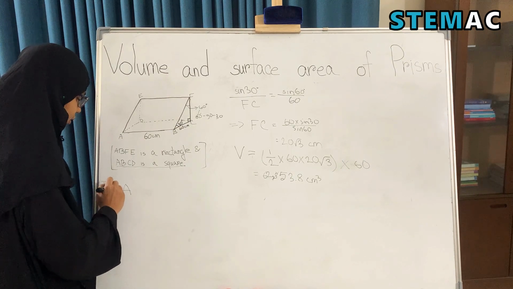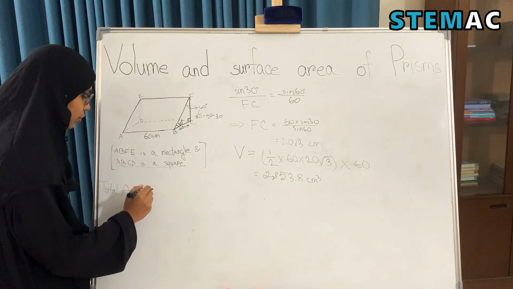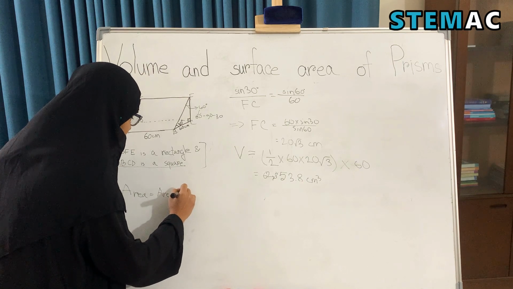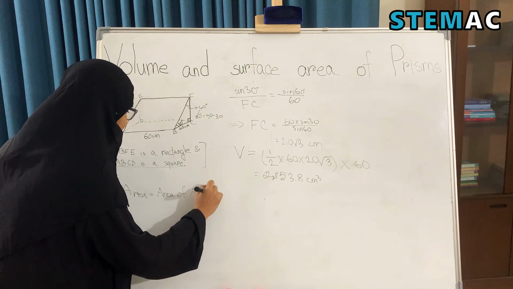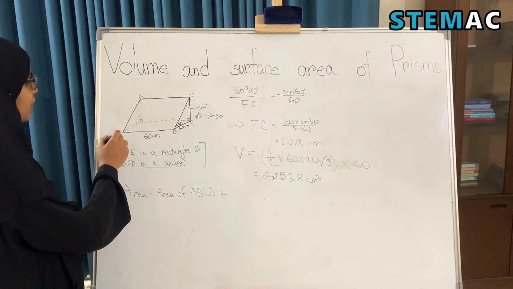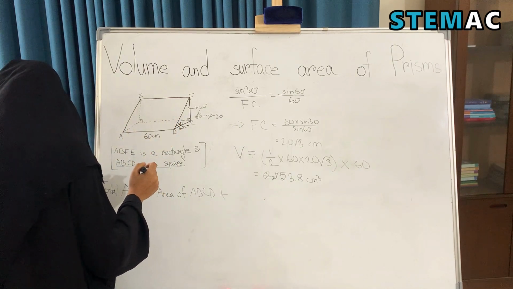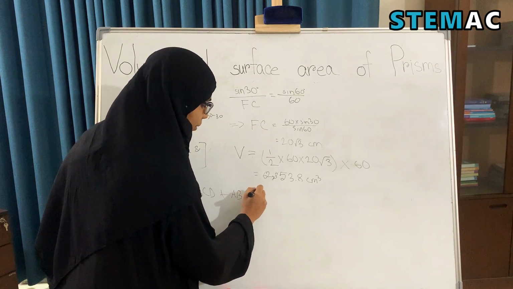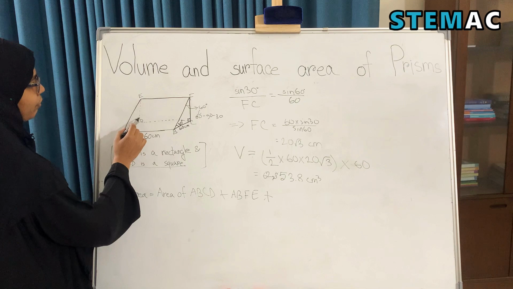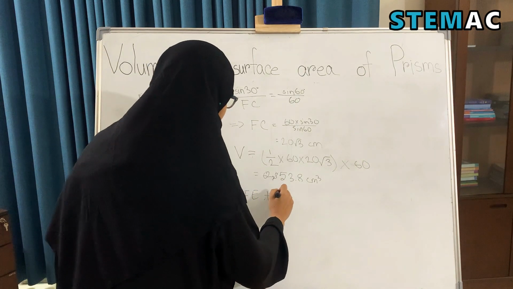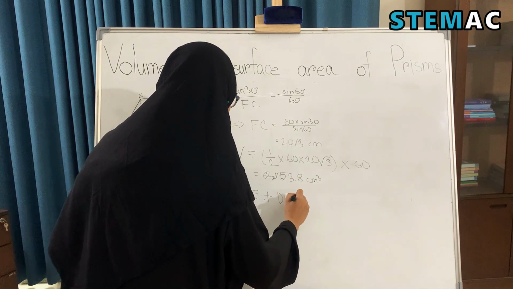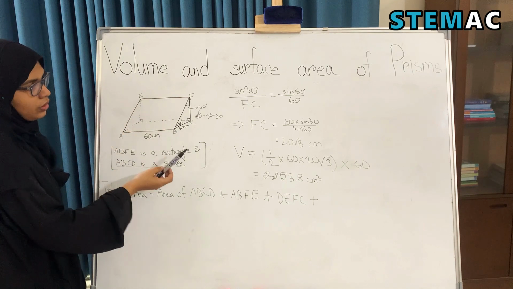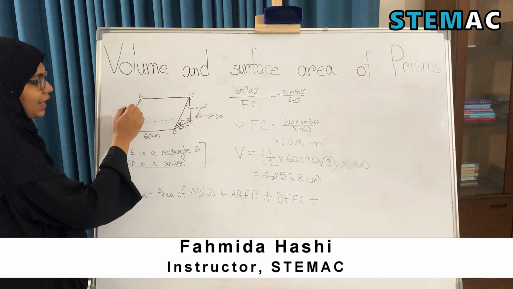Total surface area equals area of ABCD plus area of ABFE, I'm just writing ABFE, plus area of DEFC, plus the cross-sectional area of the prism multiplied by 2, because the triangular faces are at both ends.